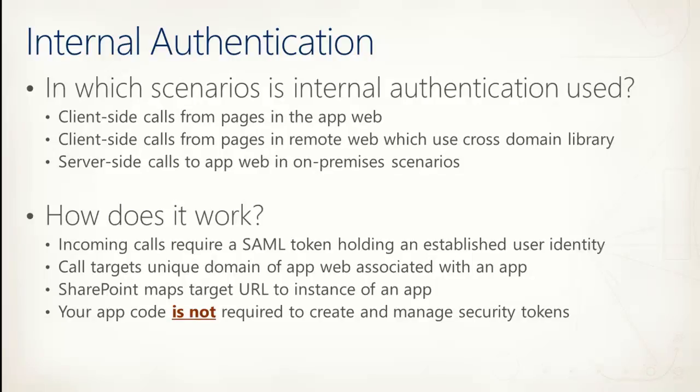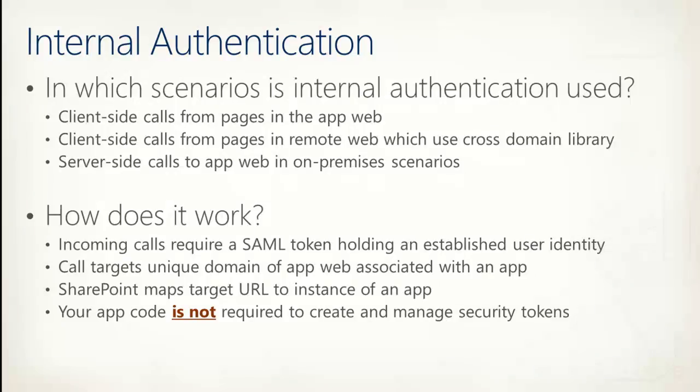But if you have a page that is served up from the remote web, it can use this special JavaScript library called the cross-domain library to issue calls through the app web, which then can act on the app web or the host site. And also, if you have an on-premises farm and you don't want to configure external authentication, you could have server-side code call back into the app web and use it.